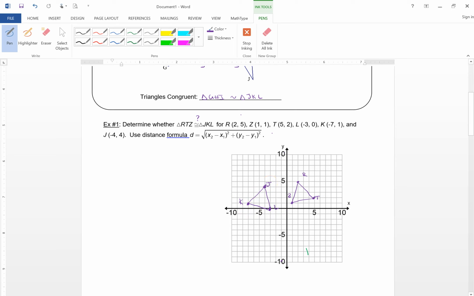What we want to do is basically find the measure of each side. So first I want to do RT and compare it to JK. So RT is the square root of, so R and T, it's 5 minus 2, 3 squared, plus 2 minus 5, -3 squared. This is equal to the square root of 18.